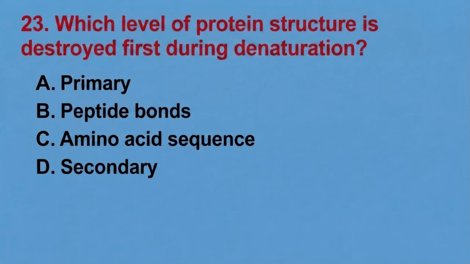There are actually 4. A, primary structure. B, peptide bonds. C, amino acid sequence. D, secondary structure.